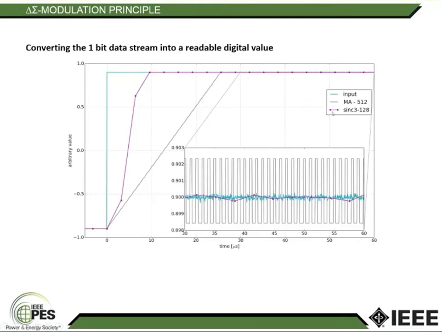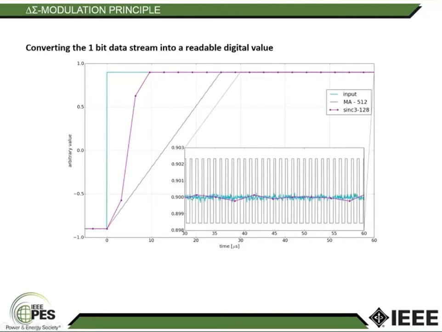So, for instance, we show a sinc 3 filter here with an oversampling rate of 128, and you can see the sinc 3 filter reaches the rising edge current a lot faster. So after 10 microseconds, more or less, we already get a value that shows pretty accurately this arbitrary value of 0.9 that we have here.